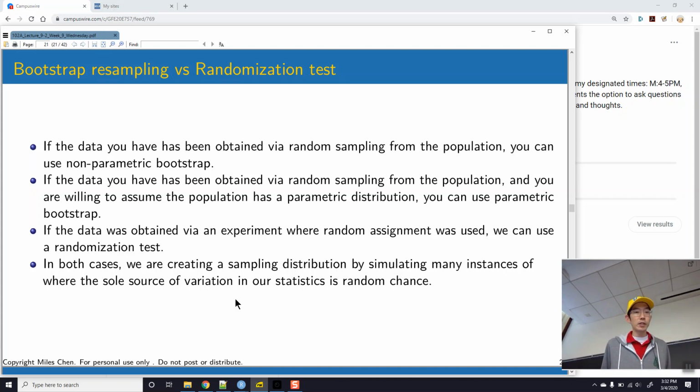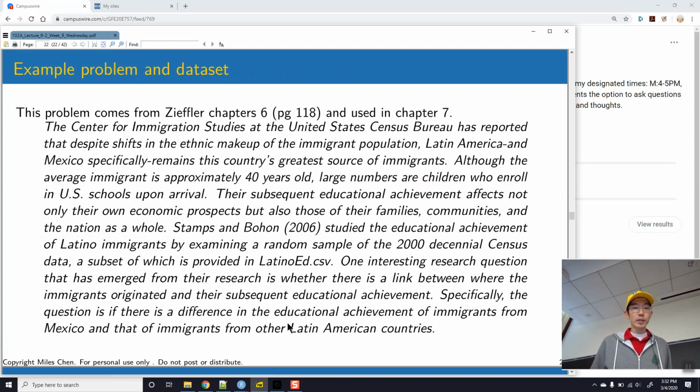So these are the use cases. If you have a random experiment with random assignment, don't use bootstrap. And if you have data obtained via random sample, don't use a randomization test. So make sure you keep these in order. And in all of these cases, we're creating a sampling distribution.